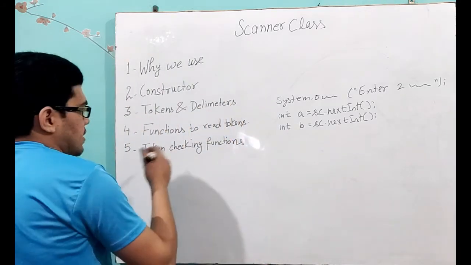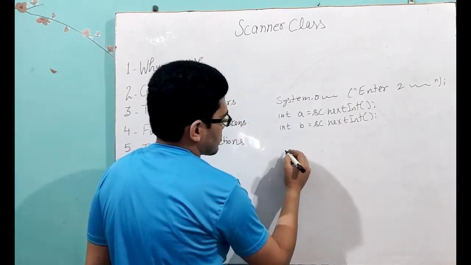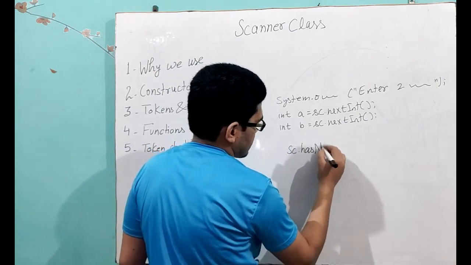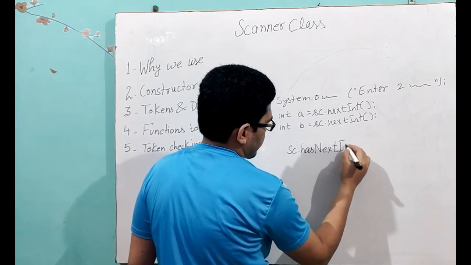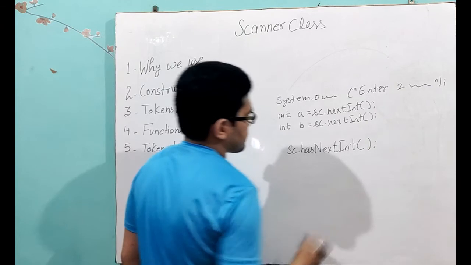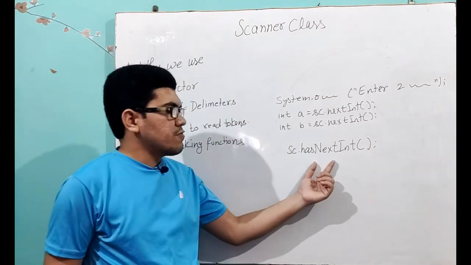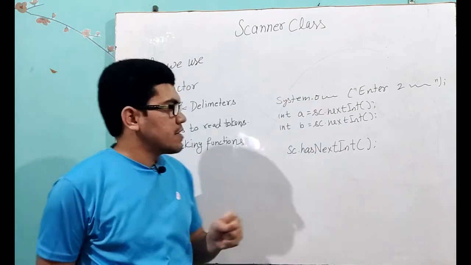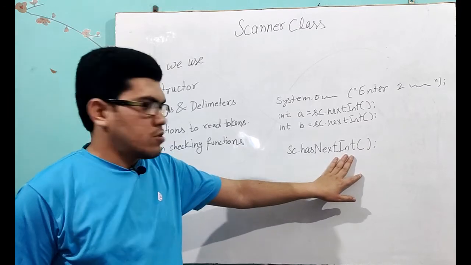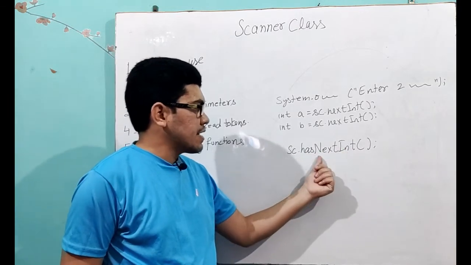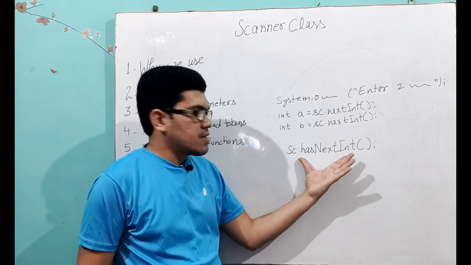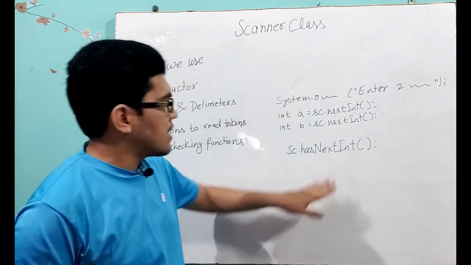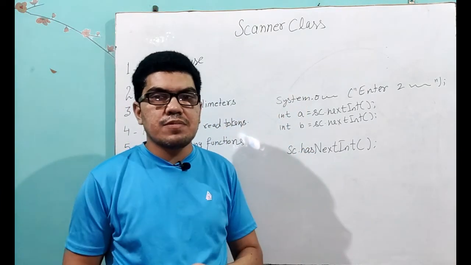So here let us discuss the first one, sc.hasNextInt. This is the function which will check whether the token that we entered is integer type or not: hasNextInt, N capital, I capital.